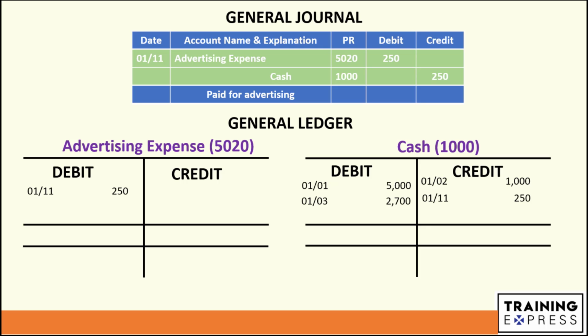As you can see, advertising expense is debit by $250, and similarly, cash account is credit by $250. Let's check the posting reference. Advertising expense posting reference is 5020 and cash posting reference is 1000.